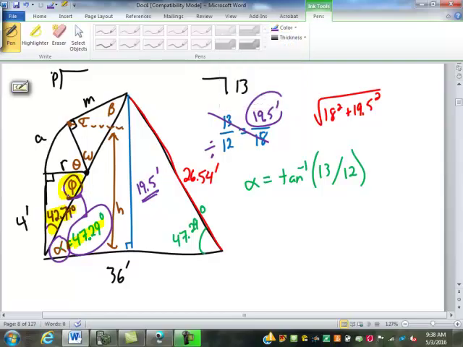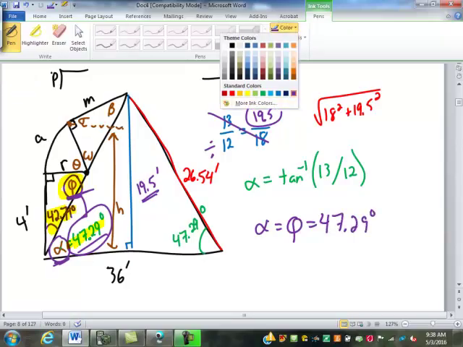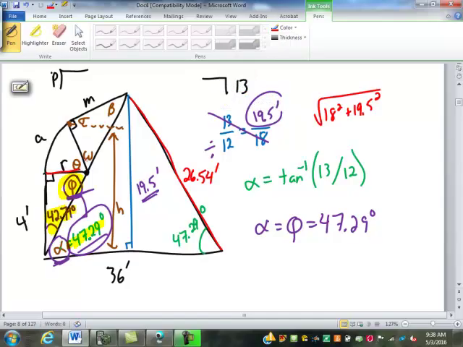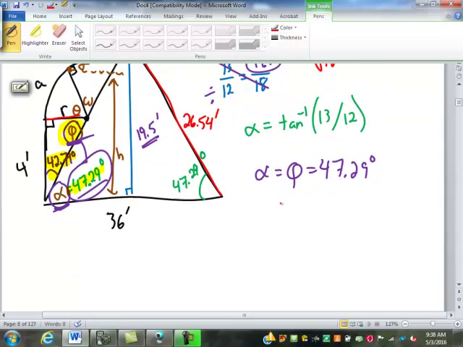Both phi and alpha here are 47.29. So alpha equals phi equals 47.29 degrees. So now I can find r up here. How can I find that? Well, because I'm looking at a triangle here. This is 42.71 degrees.